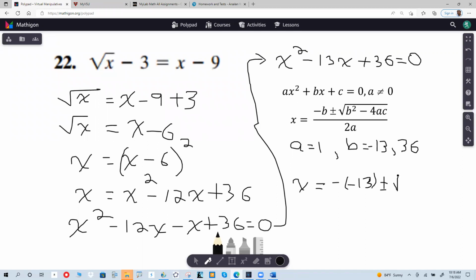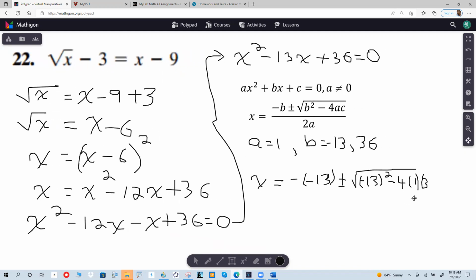Plus minus the square root of B squared, negative 13 squared, minus 4 times A times 36. If you can't read what I'm writing, all you have to do is tell me.